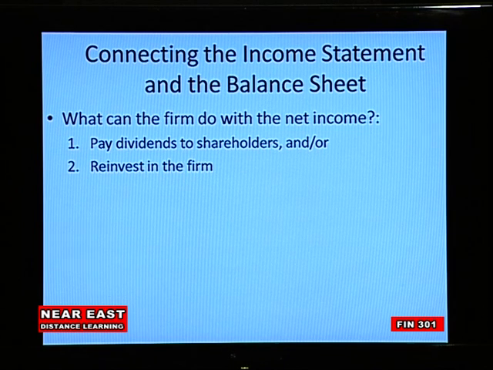For that, what can the firm do with net income? The first option is to pay dividends to shareholders, but not 100%, maybe 70%, maybe 60%. This depends on the dividend policy. The second is to reinvest in the firm. Reinvesting depends on the cash position and net income.